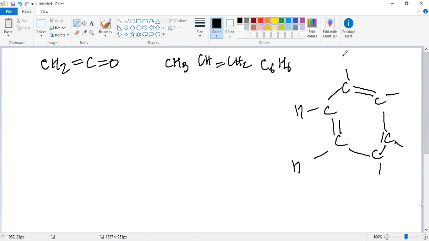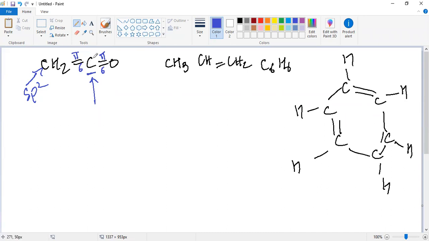Now you need to quickly tell me the hybridization for the carbon which I represent. Tell me what is the hybridization for this? Make it fast. sp2. Okay. What is the hybridization for this carbon? sp2. See, look at this carbon. You will realize that this carbon has made 2 pi bonds and 2 sigma bonds.